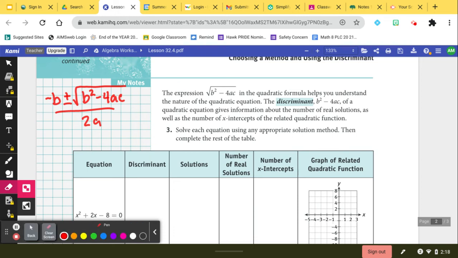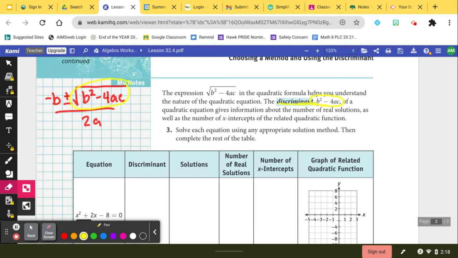So, what it's talking about is this part of my quadratic formula. Part of that is called the discriminant, and that's what's underneath our radical sign, which is the b squared minus 4ac. And the discriminant gives us information about the number of real solutions as well as the number of x-intercepts of the related quadratic function.